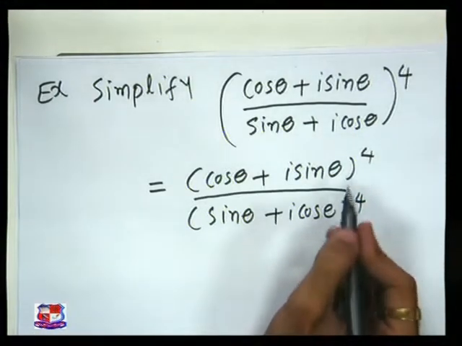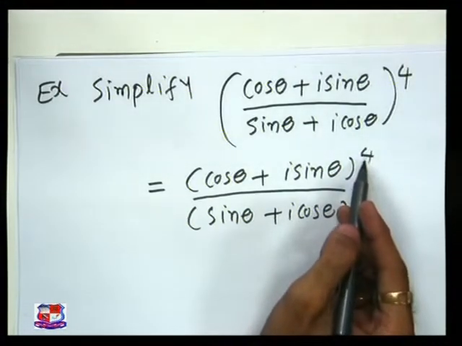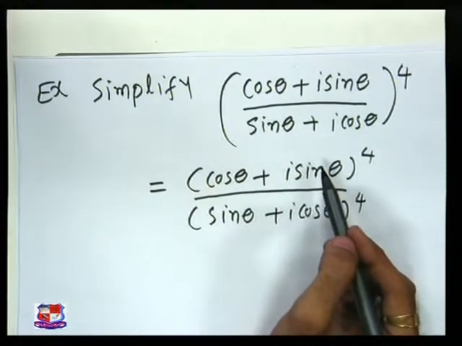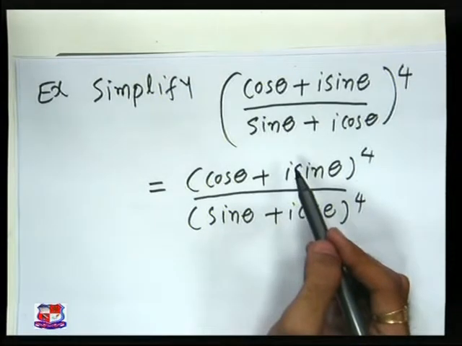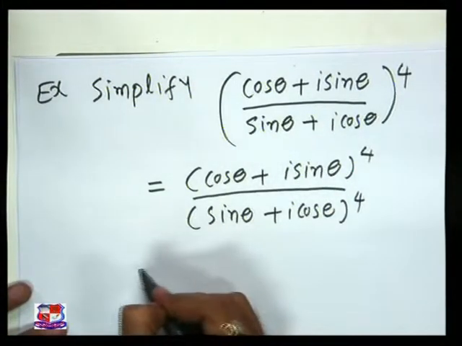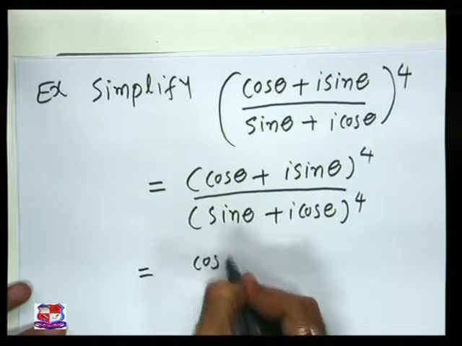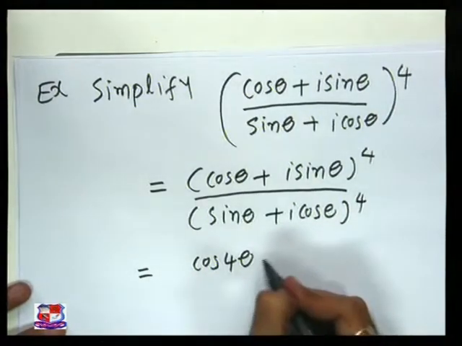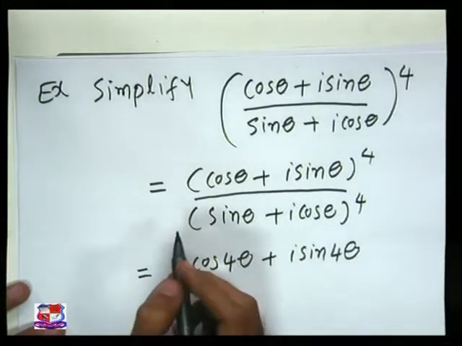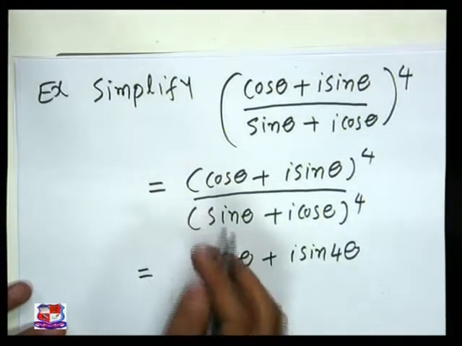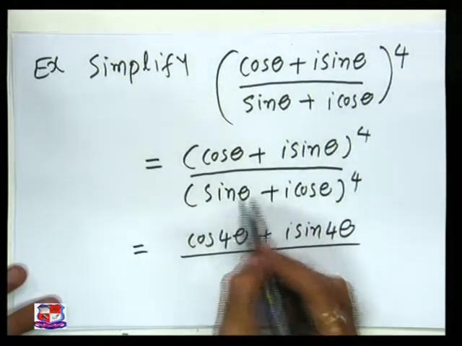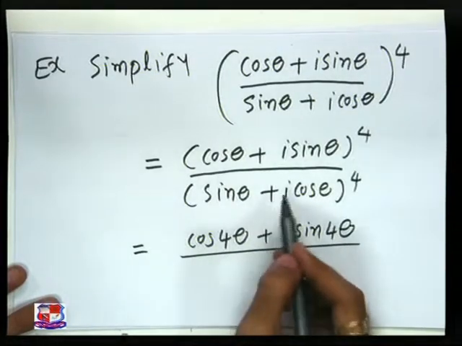Here we can directly apply De Moivre's theorem, because (cos theta plus i sin theta)^n is equal to cos n theta plus i sin n theta. So for the numerator we can write cos 4 theta plus i sin 4 theta. And here the denominator is not in the general format: sin theta plus i cos theta.